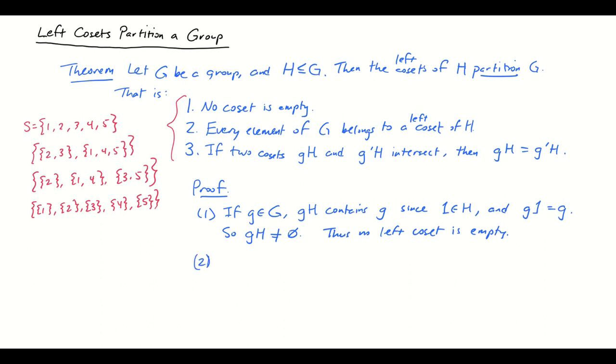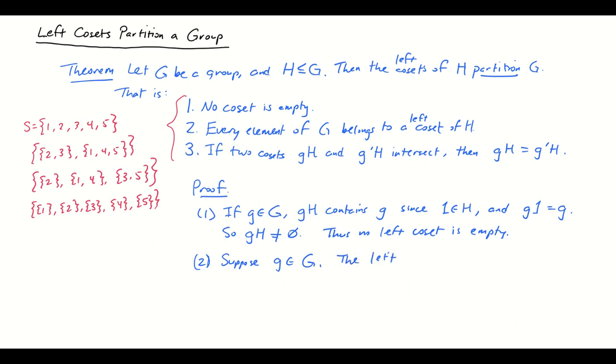That was all that straightforward. This one's a little bit less straightforward, though. All right, so we want to show that every element of the group belongs to some left coset. So let's suppose that g belongs to the group. Can I find some left coset of H that contains g? And I think, well, wait a minute. What we just defined in the last video was the left coset containing g.